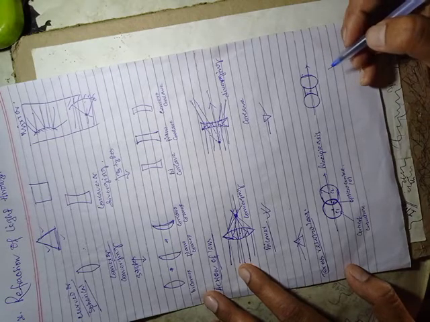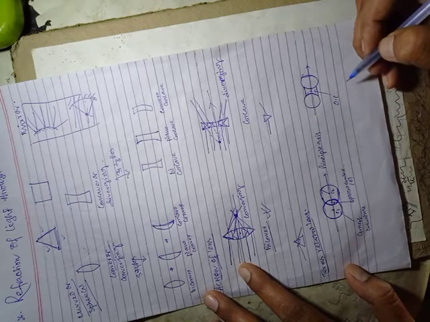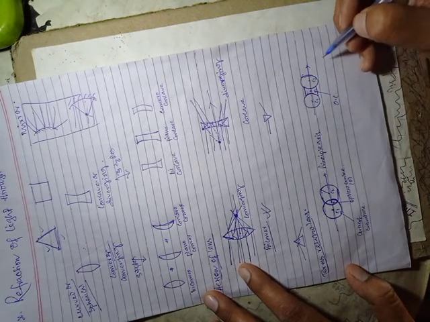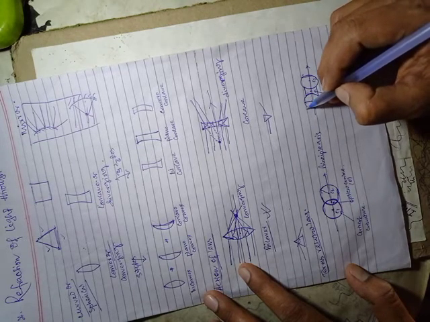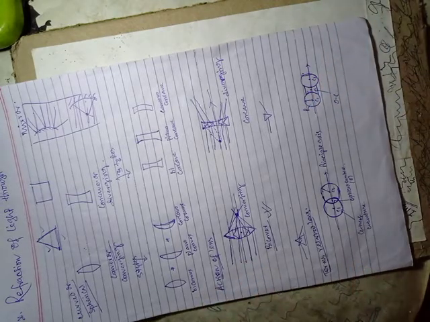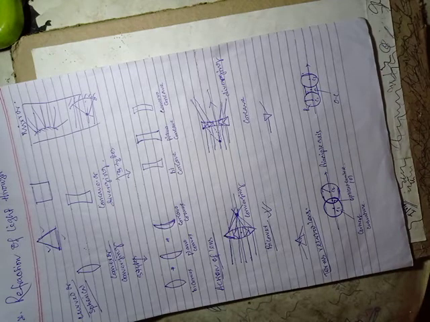As usual, the optical center, the principal axis, C1, C2, and R1, where R means radius of curvature. Basically these terms are present in your book: radius of curvature, optical center, and principal axis. I think you learned the terms related to the lens here.